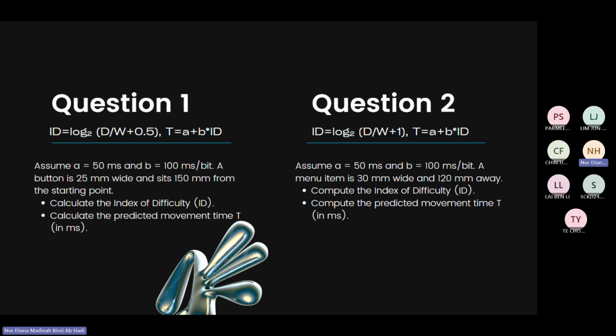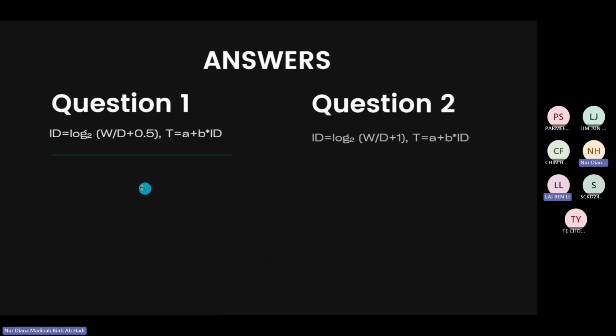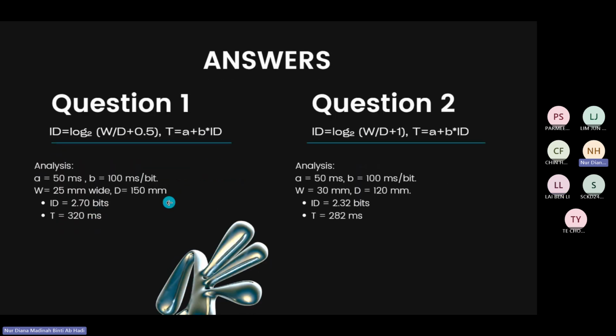You guys hear me? I still don't understand. If you still don't understand, yes, the A also should be ms, right? Yes, ms, but B is ms per bit. You see, ms per bit, not ms. But the question wants it to be in ms only.